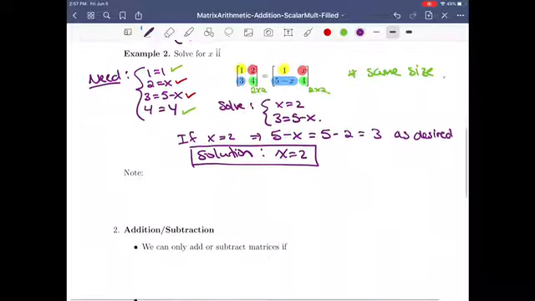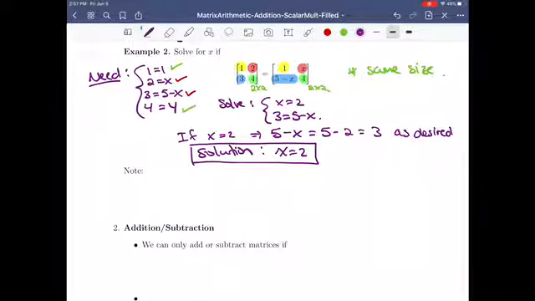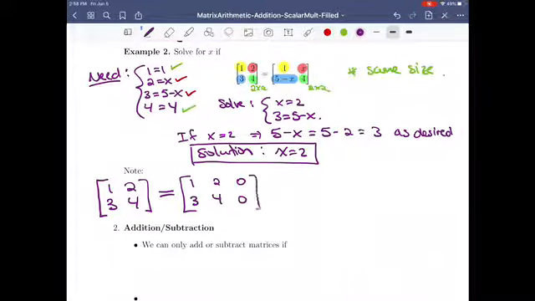Now one note I want to make about equality: they need to be the same size. So if you had a matrix with 1, 2 in the first row and 3, 4 in the second row, and you wanted to compare it to a matrix where the first row is 1, 2, 0, and the second row is 3, 4, 0, they look similar.